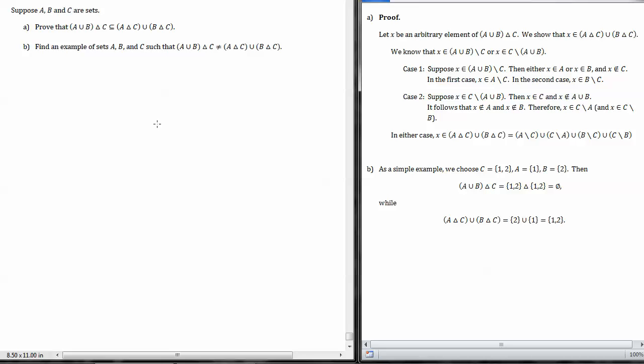And if you remember, in our Venn diagram, let me draw it again real quick here. We had A, B, and C. It was when there are elements in sort of these spots that, well, those elements would be in the right side but not in the left side. Okay, so we just need to come up with an A, B, and C such that that's the case.